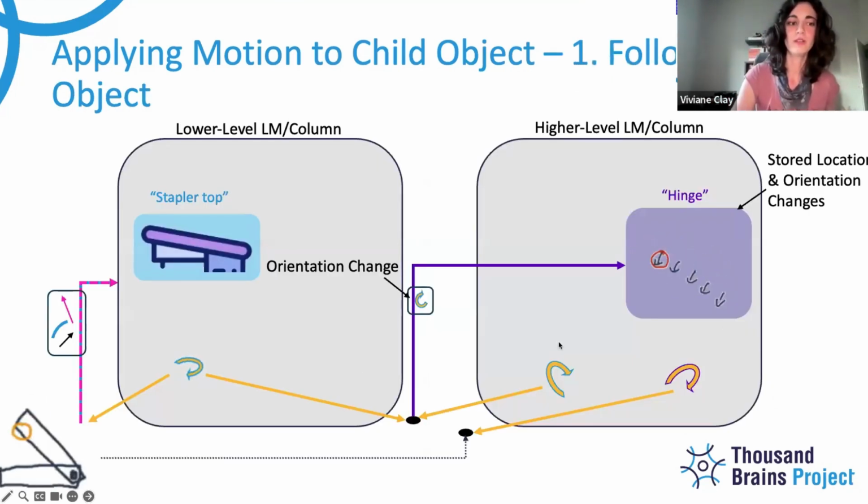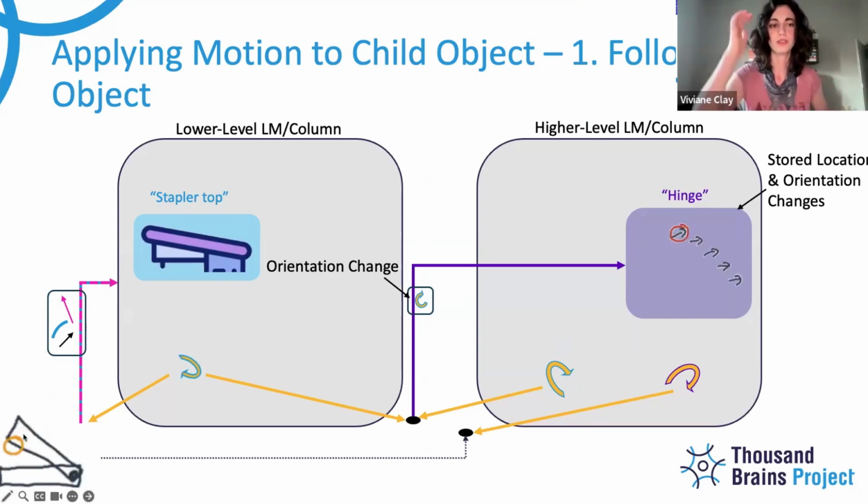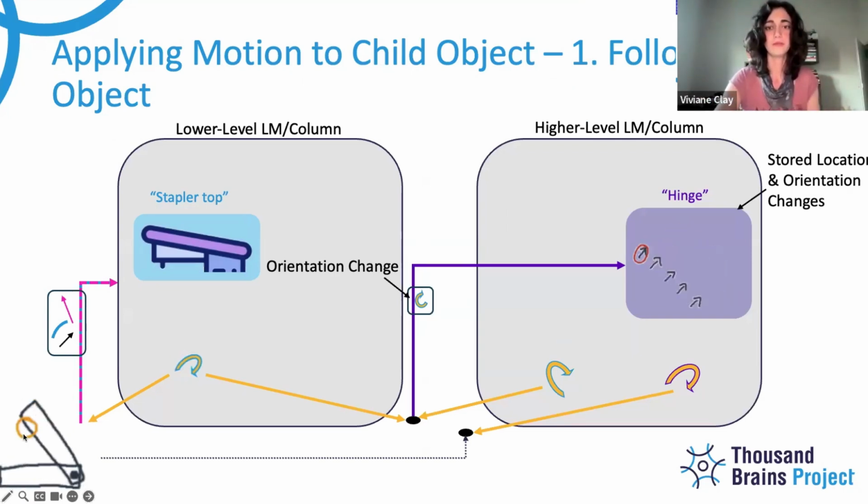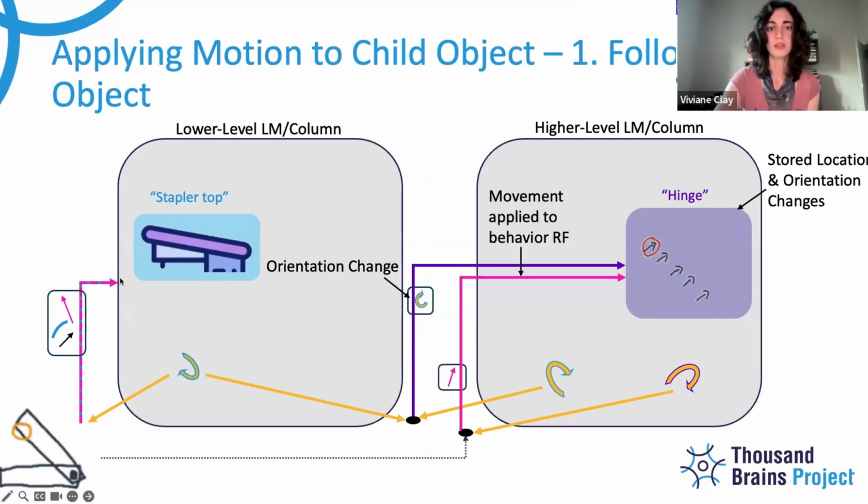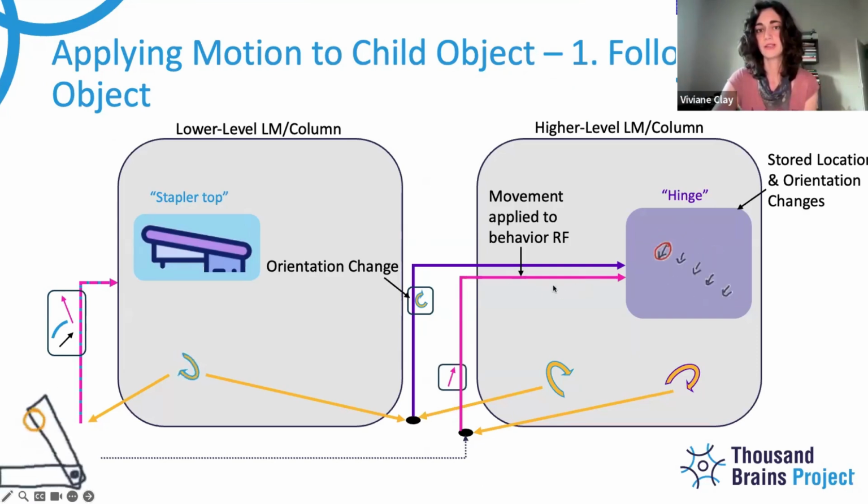So for scenario 1, where we're following the object with the sensor patch, we're basically getting movement input up here, but also movement input here to the higher level reference frame. And that movement would go into the behavior's reference frame to move through that behavior reference frame. And basically, I tried to indicate it with this red circle.